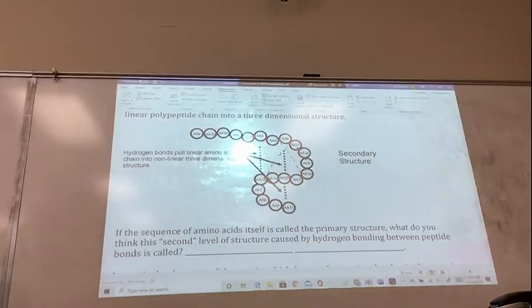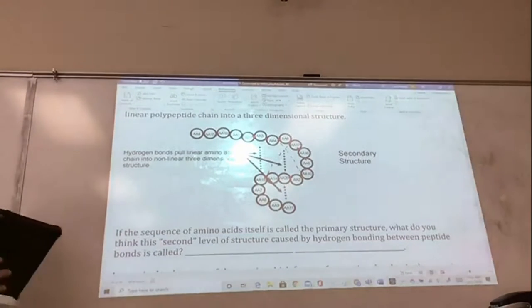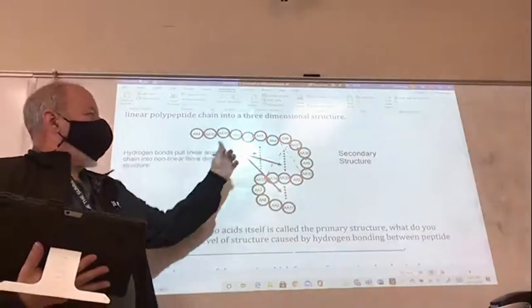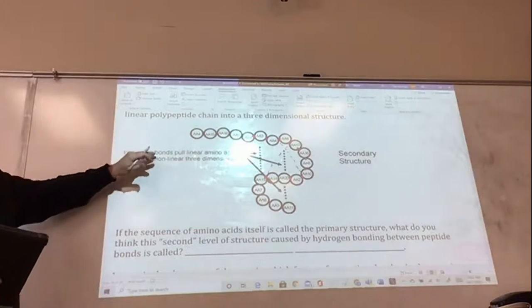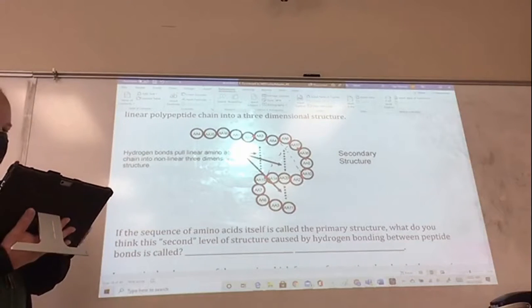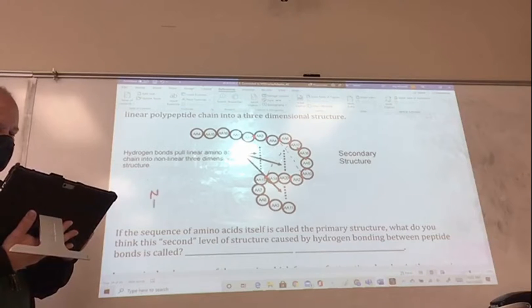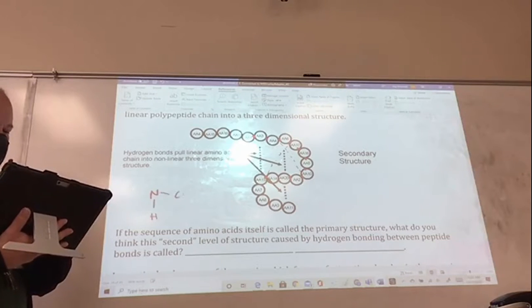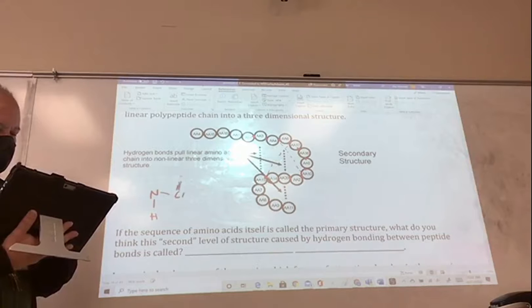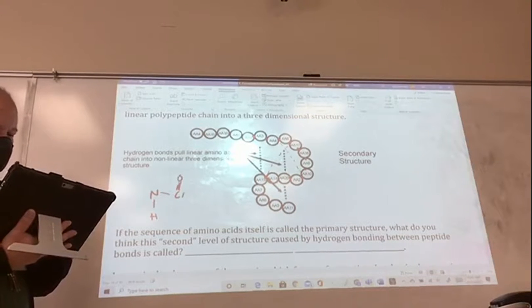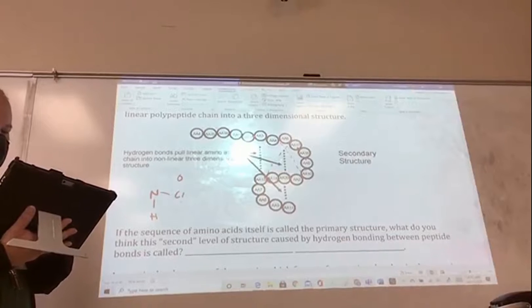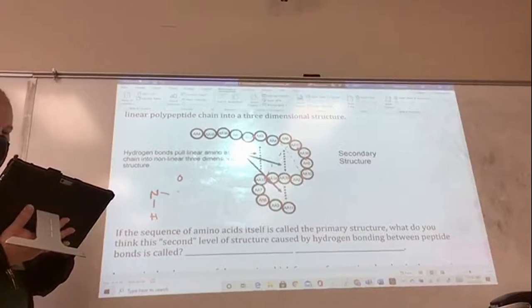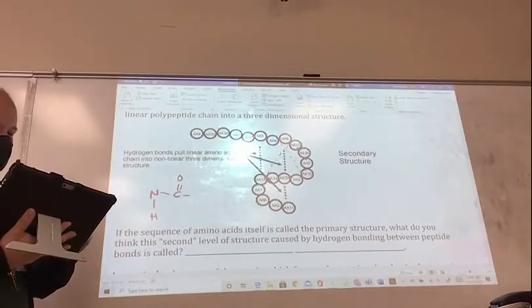Okay. Sorry about that. So anyway, these forces pull this together, and it's all because of these particular bonds, the COOH bond. It's because of the nitrogen with the hydrogen and the carbon with the double bonded oxygen that causes this.